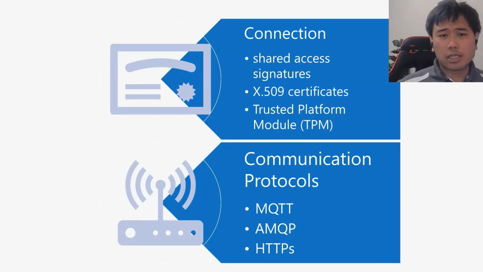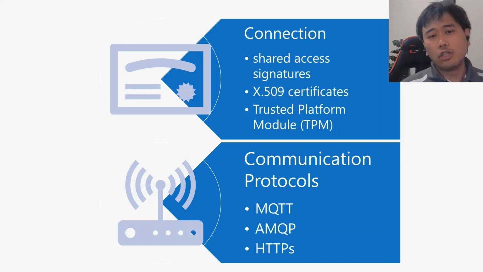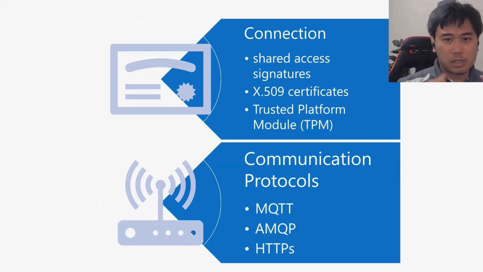How you would connect a device to IoT Central: it could be using a shared access signature. Think of it as kind of like a connection string. It can use X.509 certificates, where each one of the devices has its own certificate, and they do the handshake for how it would connect to the cloud.